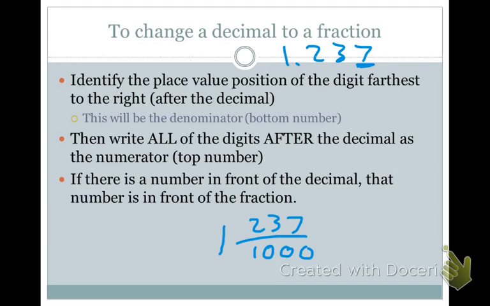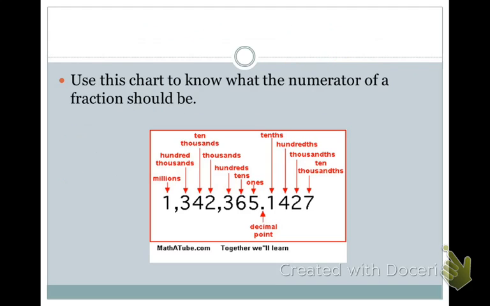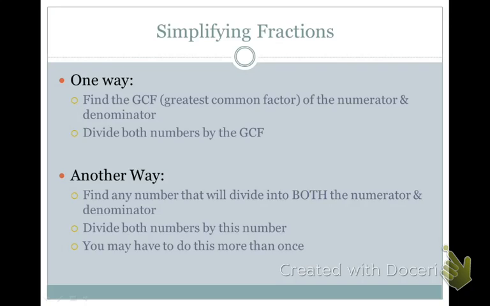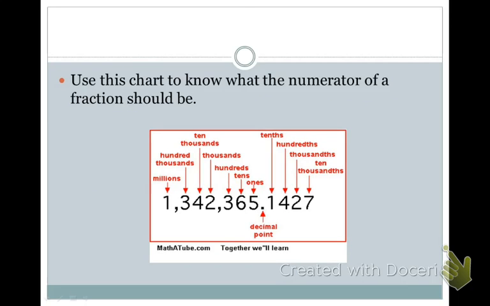And then the next slide is going to talk to you about place value. And that's what allowed me to put 1,000 in the bottom of my fraction, because if we look at this right here, we see that this lays out for me each place value, the 1, the 4, the 2, and the 7, and what place value that they're in.